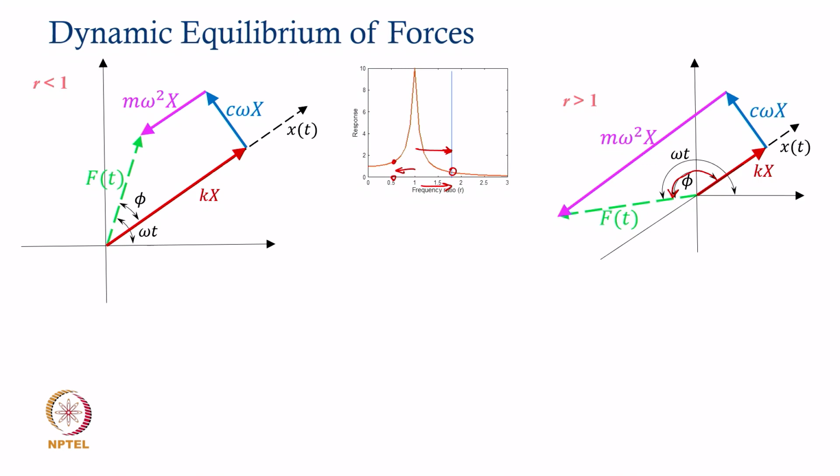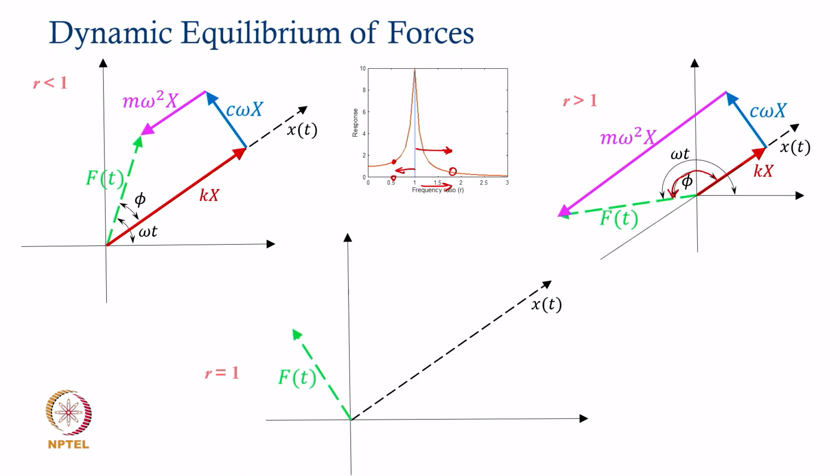The last case, which is quite interesting, is when we are operating close to resonance. Okay. So, when we are operating close to resonance or at resonance, obviously, we have seen, and talked about it a number of times, that the angle phi is pi by 2.